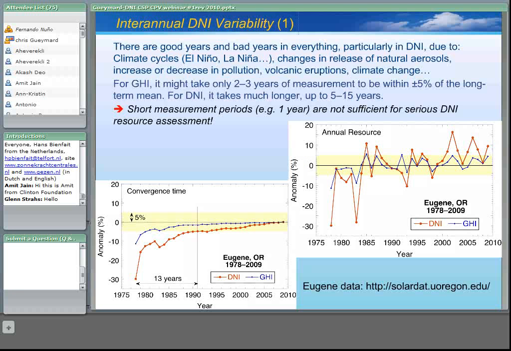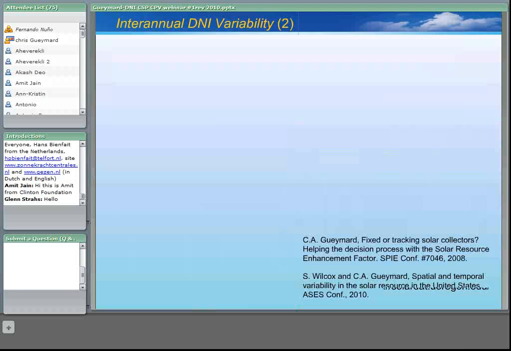So the conclusion actually is that very short measurement periods, 1 year or less, are absolutely not sufficient for serious resource assessment. So we need to do something else, and there are special techniques now that we can use to correct the long-term modeled data using those short-term measured data. And this is what is usually done for bankability reports.